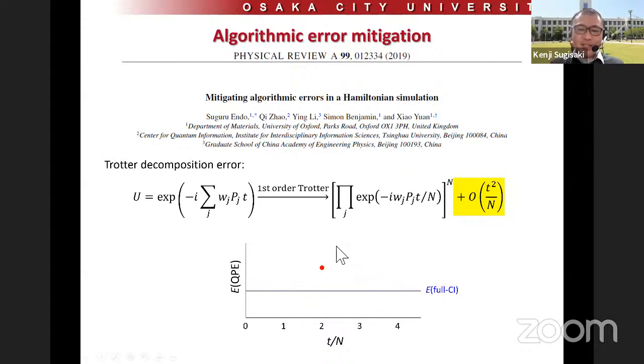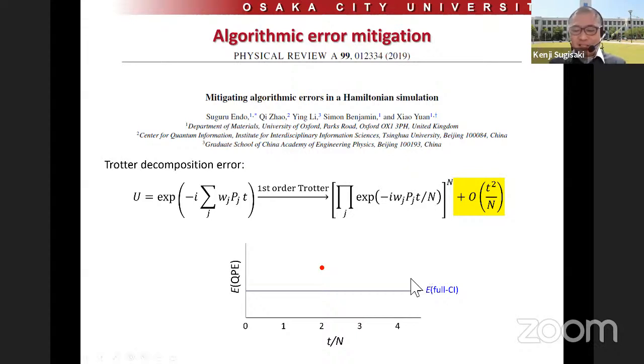So in this case, increasing n, so going left, is very difficult because the quantum circuit becomes deeper. But we can decrease n, so going right is very easy because the quantum circuit becomes shallower.